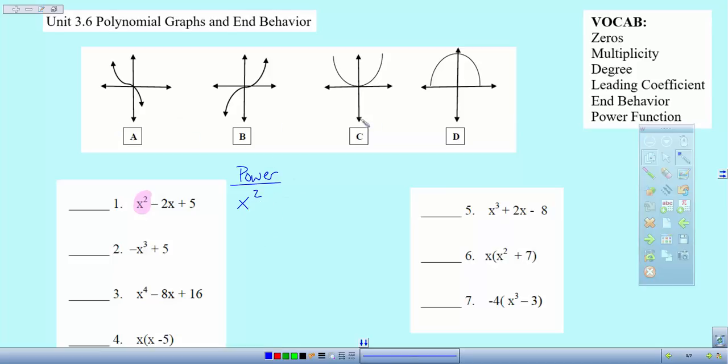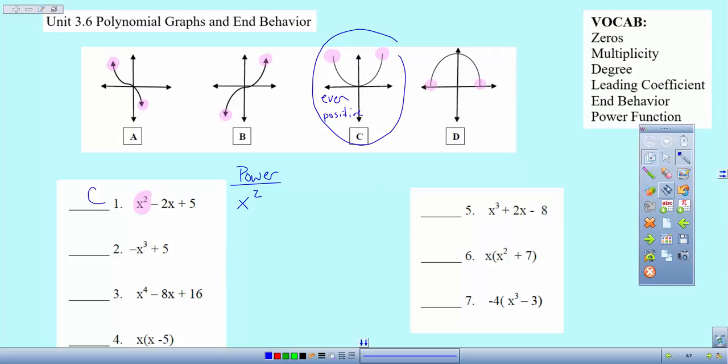Remember, what we're worried about is the end behavior, what's happening at the ends, where those arrows are ultimately pointing. Since we have an x squared function, that means we're going to have letter C, because we have an even degree function with a positive leading coefficient.